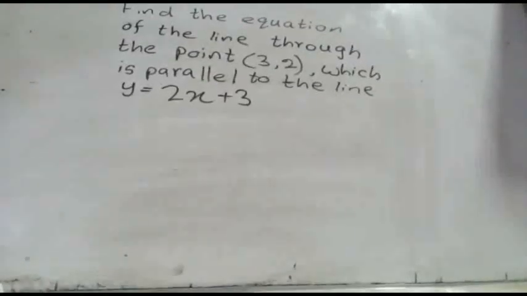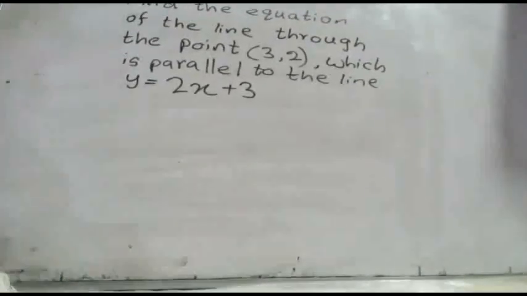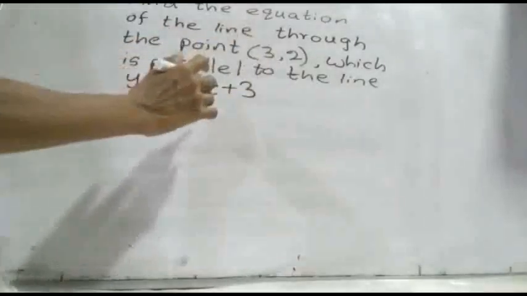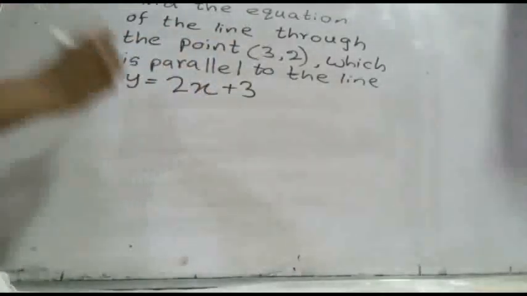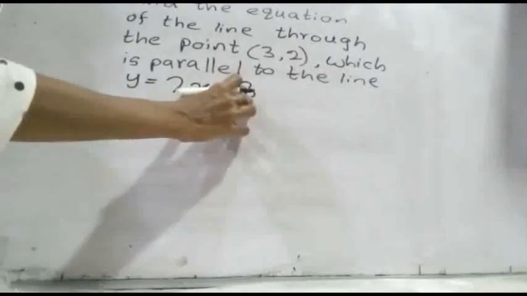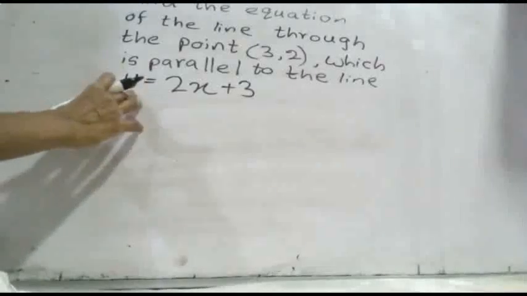Find the equation of the line through the point (3, 2), which is parallel to the line y = 2x + 3.